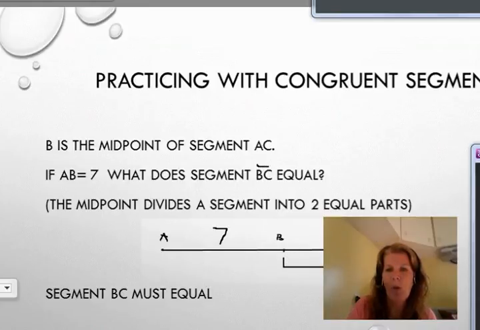Well, remember that since we were told that B is the midpoint, AB has to have the same measure as BC. So if this side is 7, BC is also going to be 7.